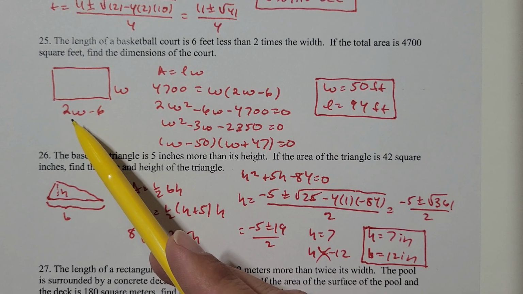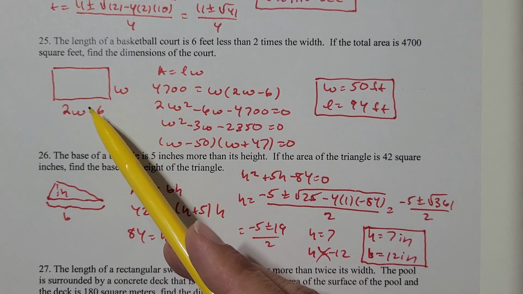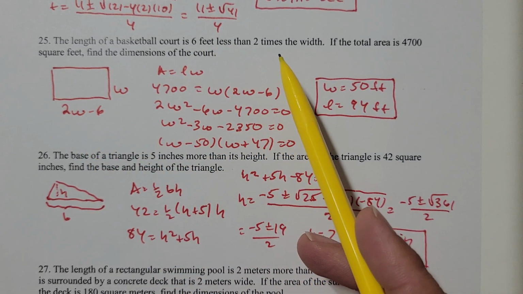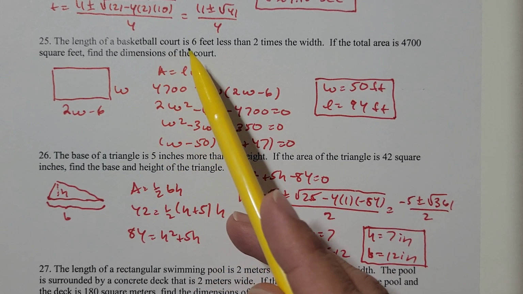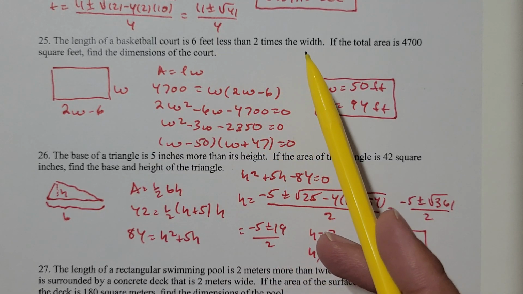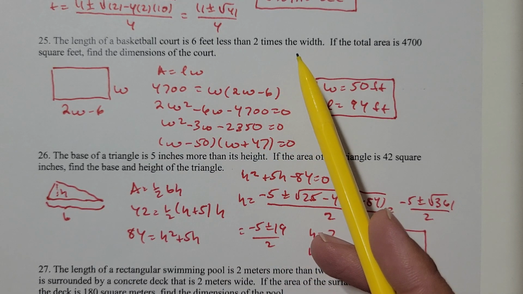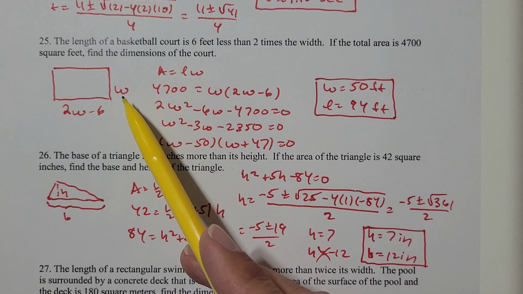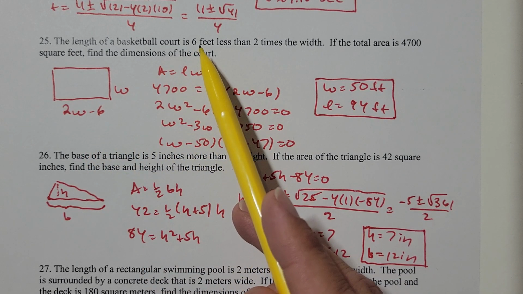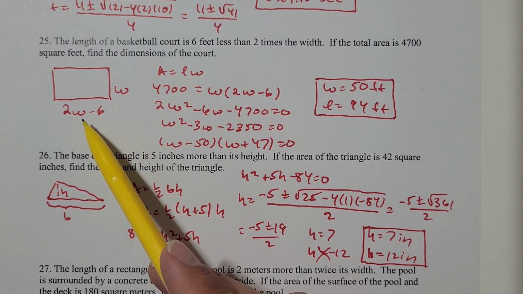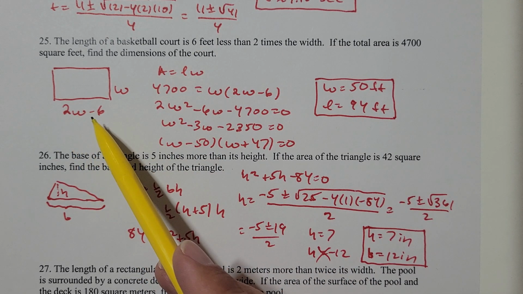I don't know the length, I also don't know the width, but they're telling me the length in terms of the width. So whatever the width is, if I take 2 times that, and then take 6 feet less than that, 2w minus 6, then that'd be the length.